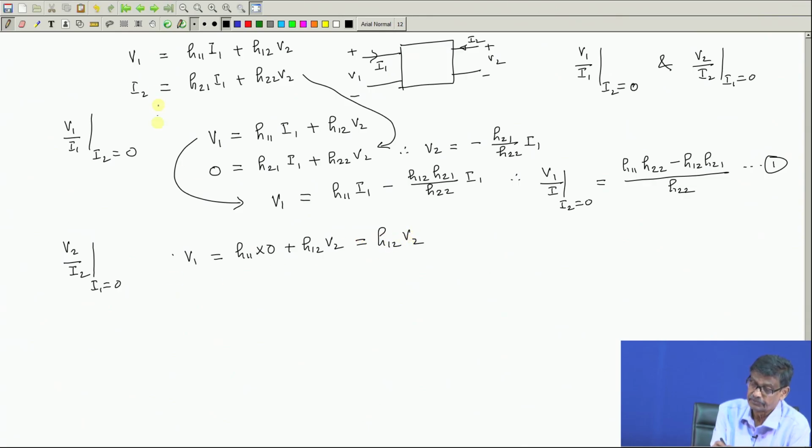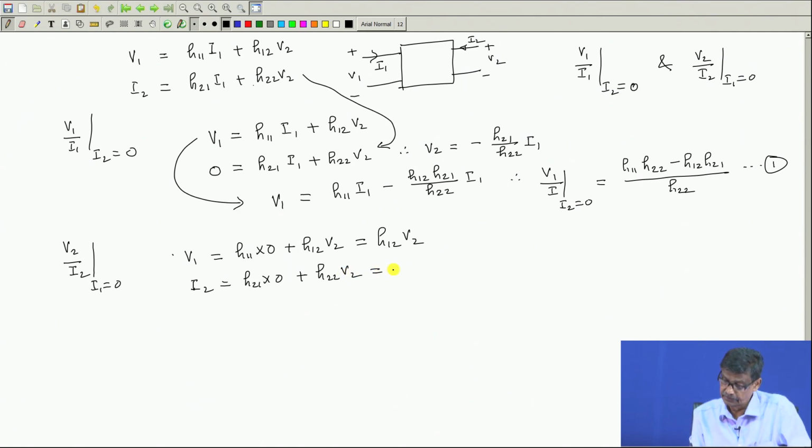From the second equation you will get I2 is equal to H21 into 0, since I1 is 0, plus H22 into V2. This is what I will get, and this is equal to H22 into V2.